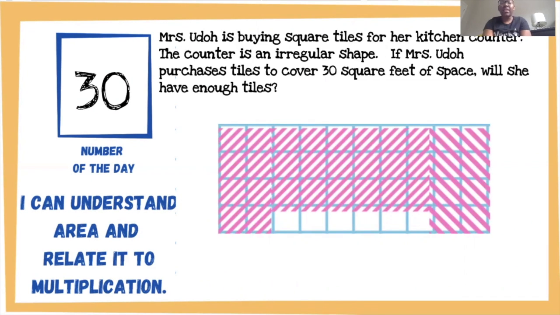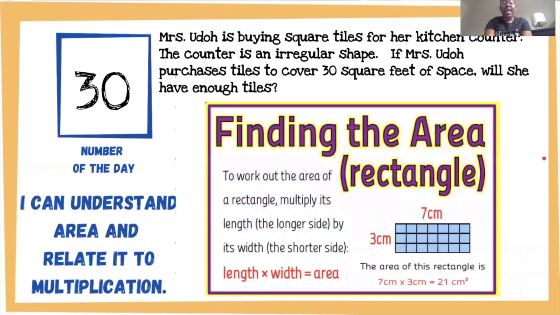All right, so let's take a look at the counter. I think the buzzword that we need to focus on here that was mentioned in our objective for today is area. Well, what exactly is area? To find the area, we have to multiply for a rectangle its length and its width.